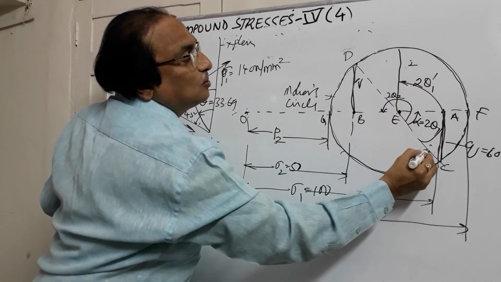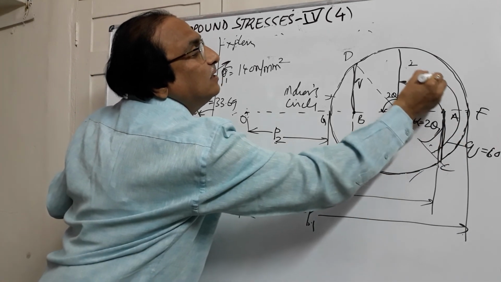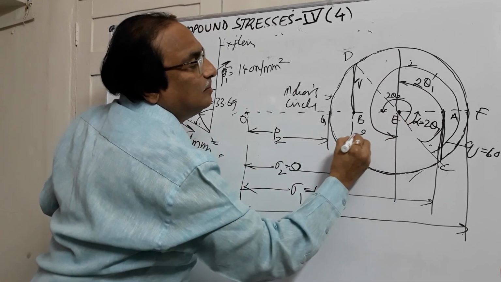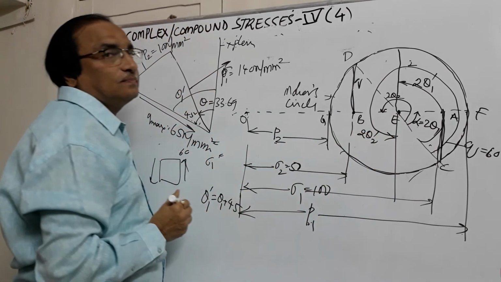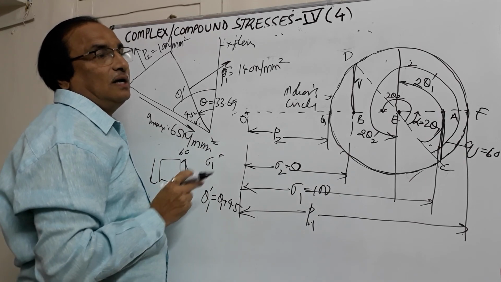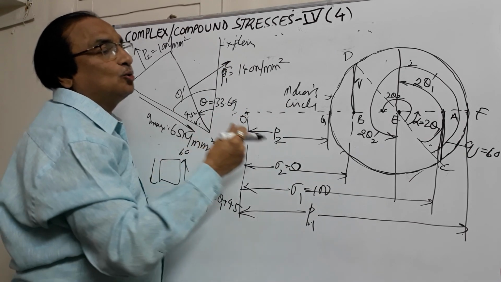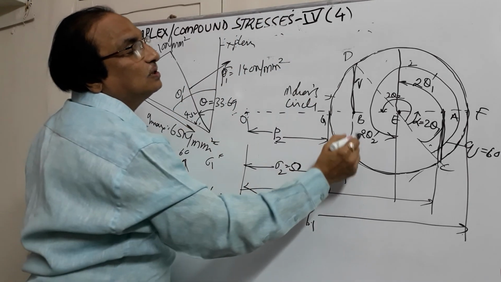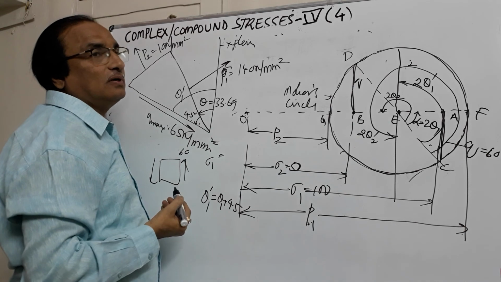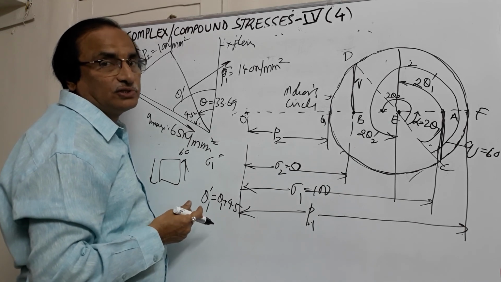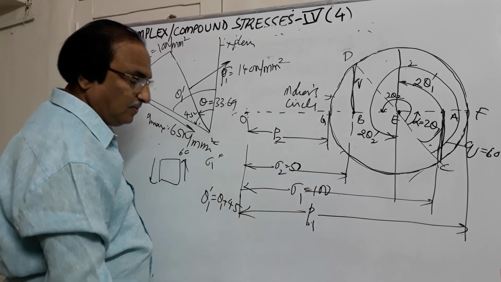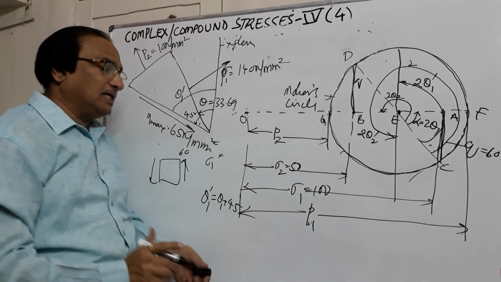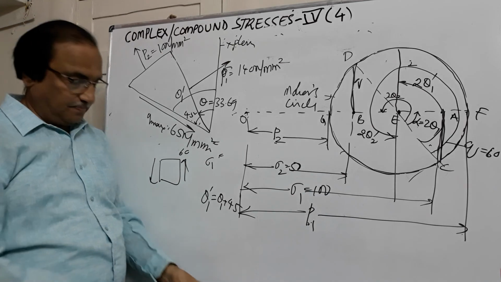Likewise 2 theta 2 dash, if I go on measuring from here to this line, this angle will be 2 theta 2 dash. So 2 theta 1 plus 180 degrees, 2 theta 1 dash plus 180 degrees. So these are the angles which the principal planes and maximum shear stress are making. So this is one type of problem wherein all the values are positive because they are tensile and anticlockwise shear.